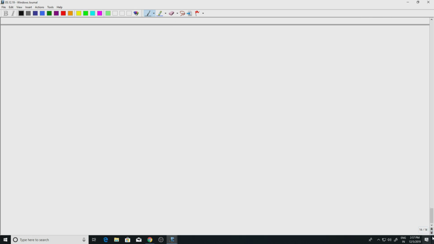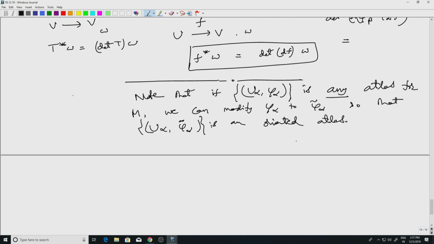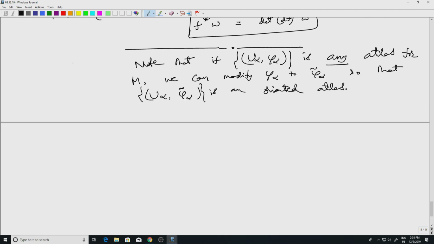Since the original collection of open sets U alpha covered M, and we are not really changing the U alpha at all, the fact that these cover M follows from the original property. The only thing we are changing are these maps phi alpha.